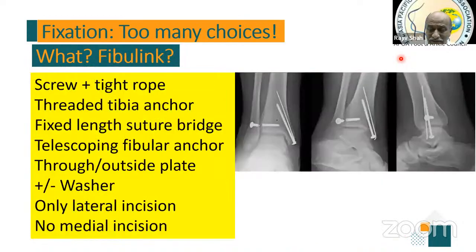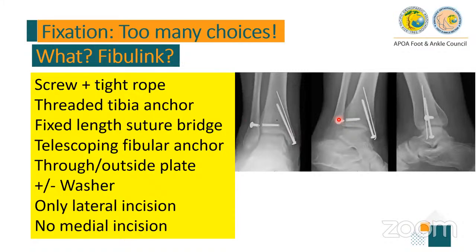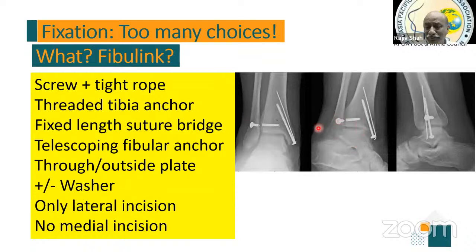And then Synthes has come up with a new implant where it is screw plus tightrope both. Are you people, anybody, aware about this Fibulink? It is not introduced in India. It's going to be introduced in India very shortly. So Fibulink is a device where you have a threaded tibia anchor, fixed length suture bridge.